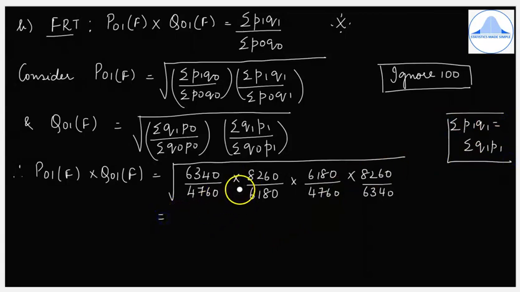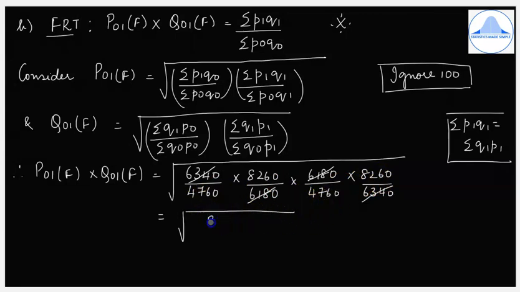Now only 4 values will get cancelled. So 6340 and 6340 get cancelled and then 6180 and 6180 gets cancelled. So what remains now is 8260 into 8260 in the numerator divided by 4760 into 4760 in the denominator.